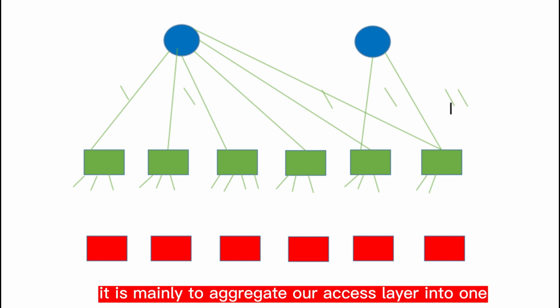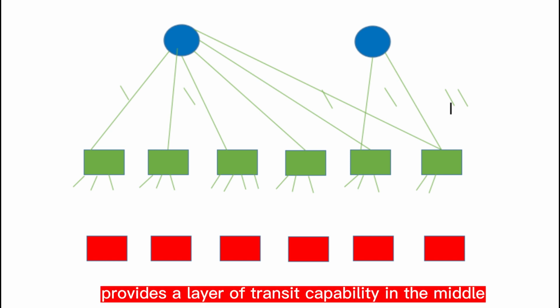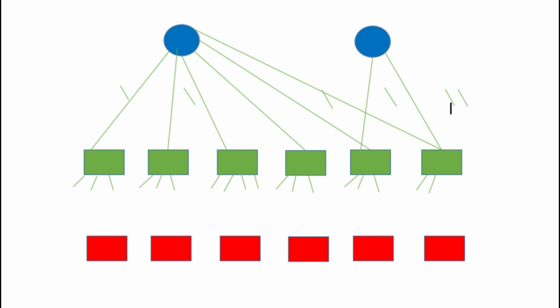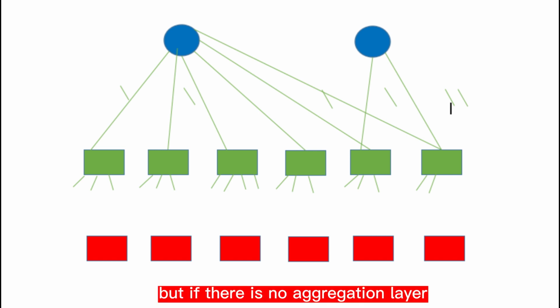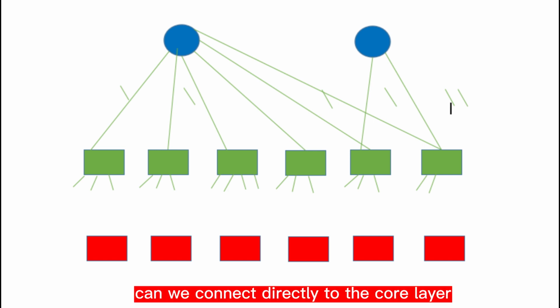It is mainly to aggregate our access layer into one. Everyone can see it only provides a layer of transit capability in the middle. If there is no aggregation layer, is it possible? Yes. Can we connect directly to the core layer?